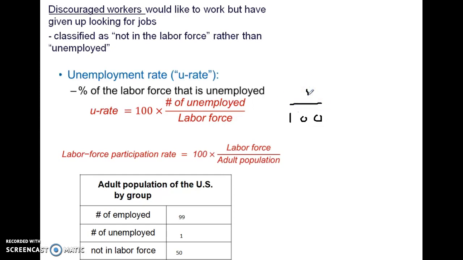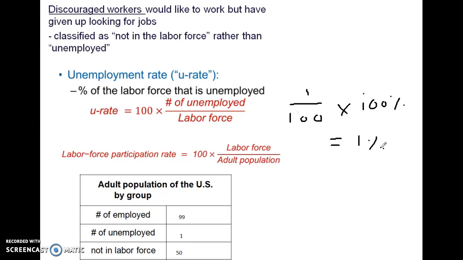And then to make this a percentage, you multiply it by 100%. And you end up with an unemployment rate currently of 1%. Well, that's pretty easy to see that you have one person unemployed out of 100. That's a 1% unemployment rate.